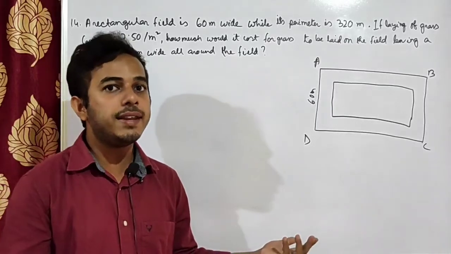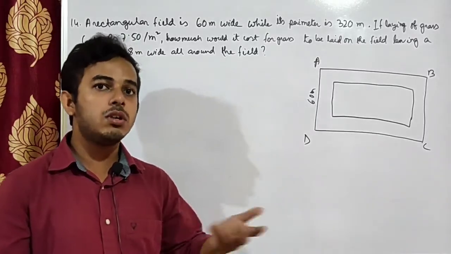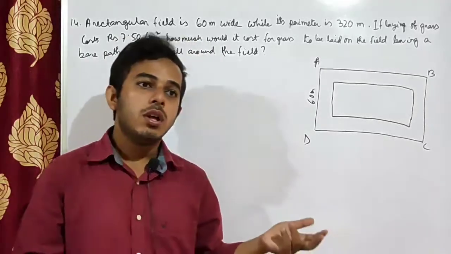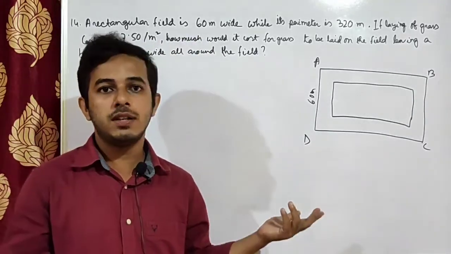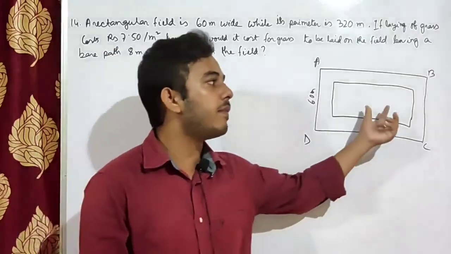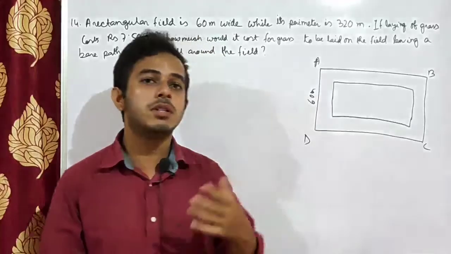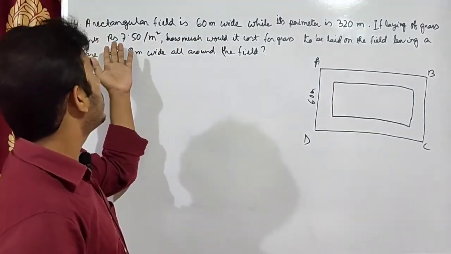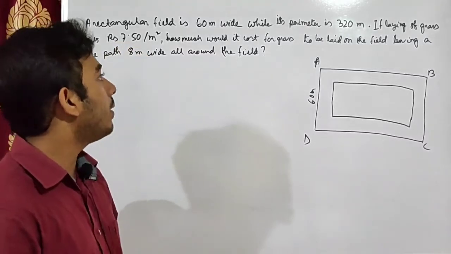If I find the area, I can easily find the total cost by multiplying. For example, if the area of the field is 10 meter square, I will just multiply 10 with 7.50.